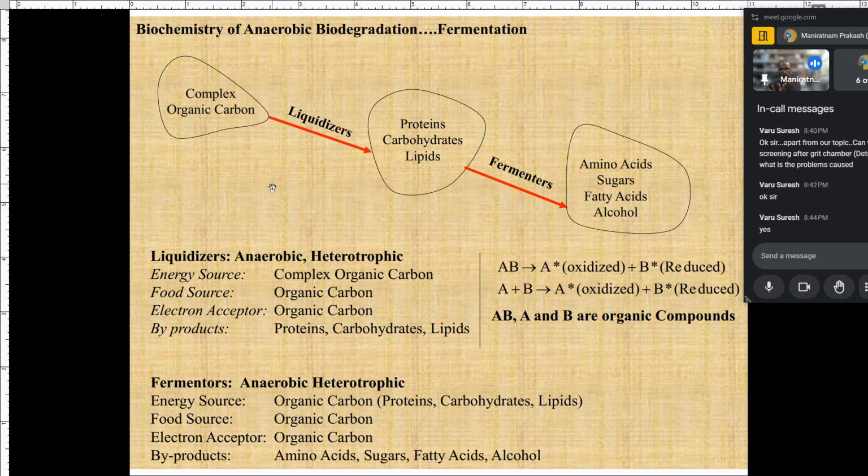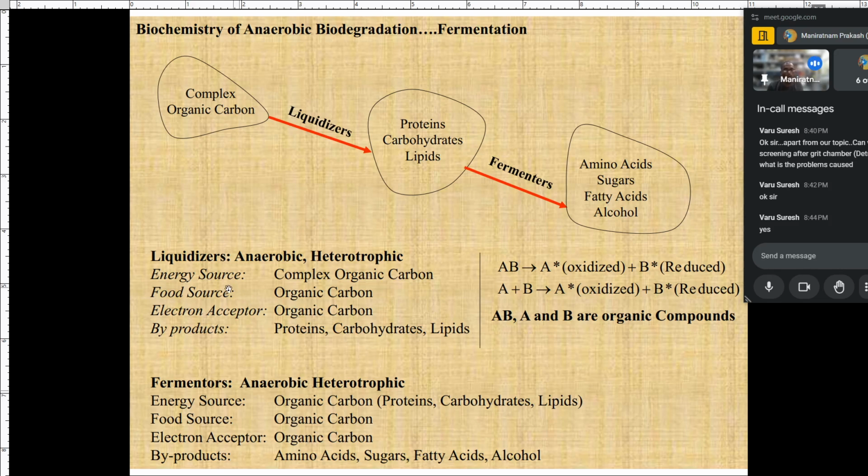Simply, complex organic matter is getting converted into smaller molecules. Now on these smaller molecules, fermenters will act and convert them into acid, and this process is known as acid formation, okay? Here the fermenters are anaerobic heterotrophic.